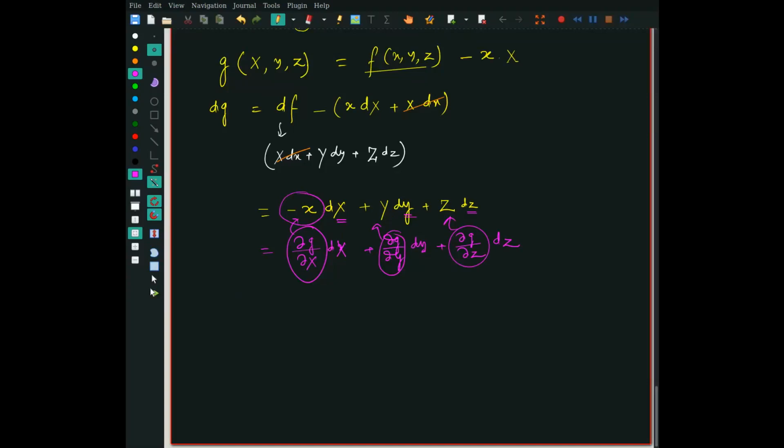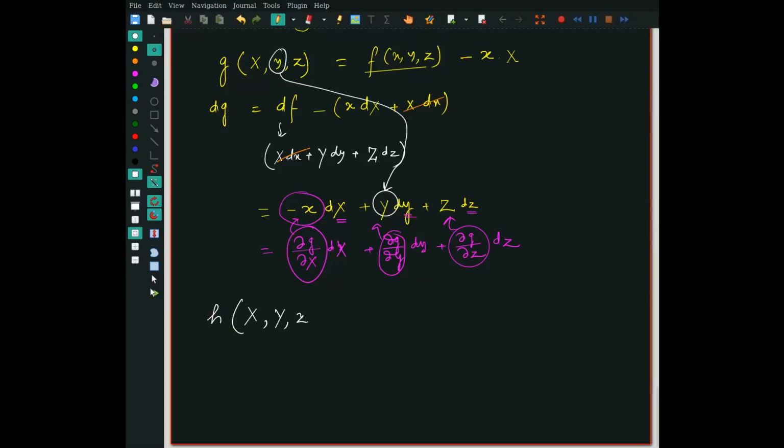Now you can probably want to replace this capital Y with small y. So you want to create another function, let's say h, that would be a function of capital X, capital Y, and small z.